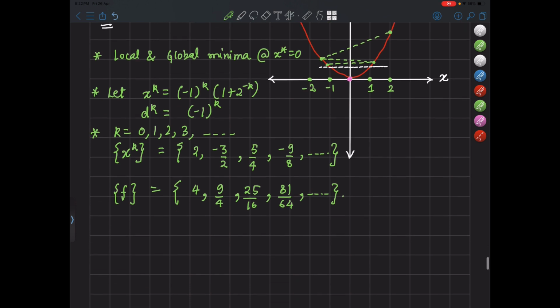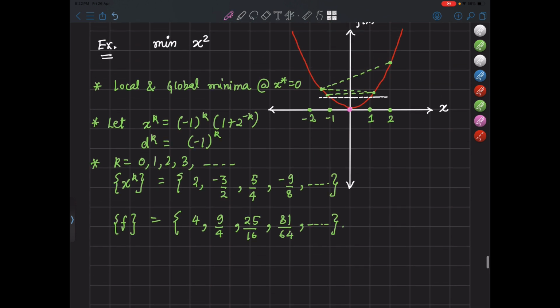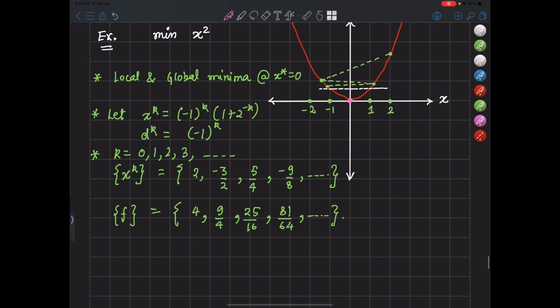The first observation we get out of this is that in each iteration the value of f decreases, definitely.